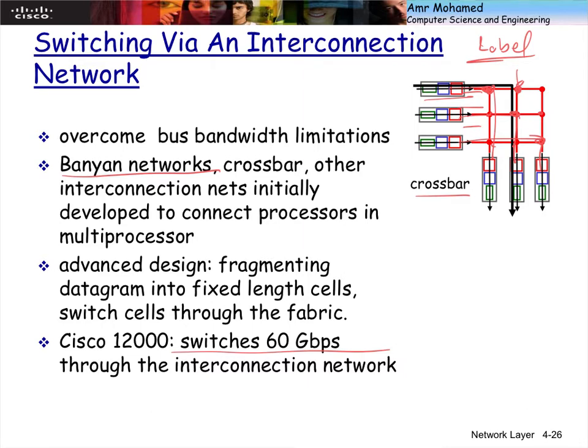But this will allow the routing processor to control these intersection points, first, without having a label. Second, I can allow concurrent switching for multiple packets all at the same time. Clear? Okay?